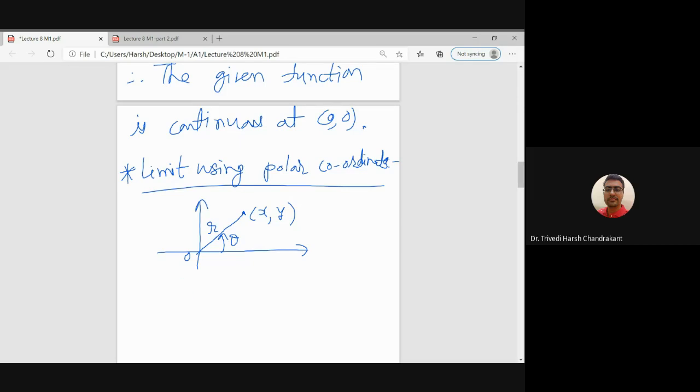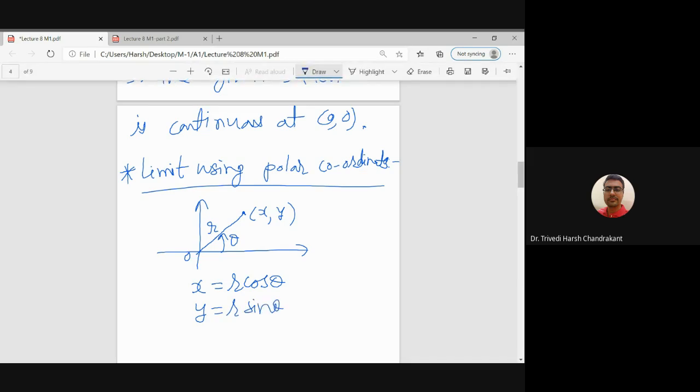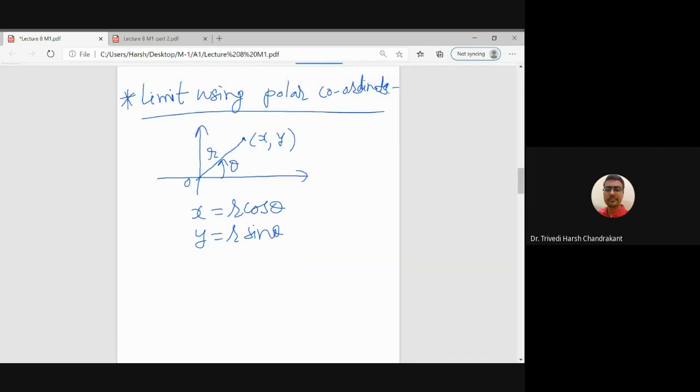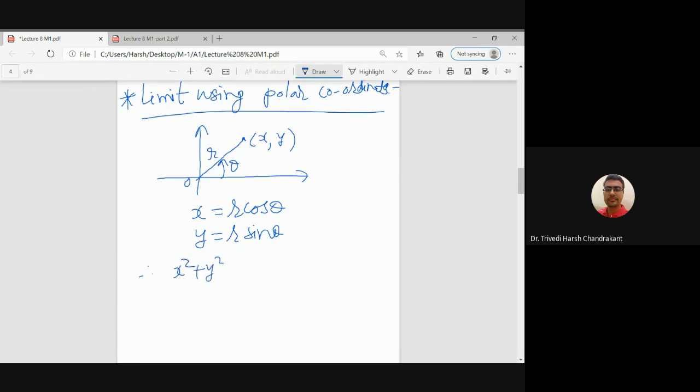In polar coordinates, x is r cosine theta and y is r sine theta. Therefore x square plus y square is equal to r square, and that gives us r equals the square root of x square plus y square. Similarly we can compute theta, which is tan inverse of y divided by x.